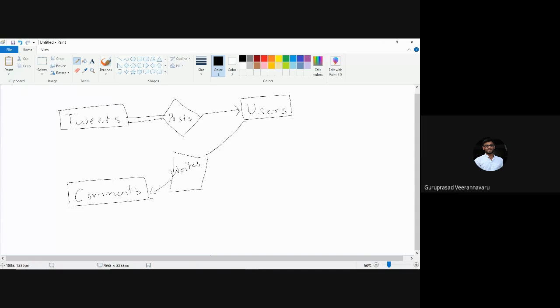Comments are written on a tweet. So how can we show this? We'll say comments on, like this. Again, for a comment to exist, a tweet should always be there. So I can write this.